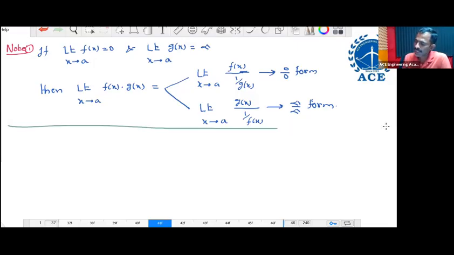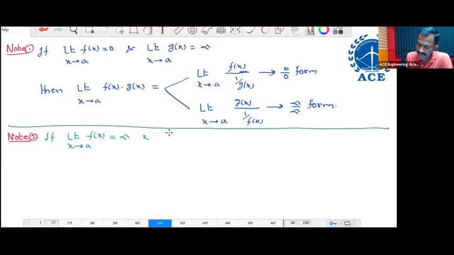Next, note point number 2. If limit x extends to a of f of x equals infinity and limit x extends to a of g of x equals infinity, then limit x extends to a of f of x minus g of x equals.